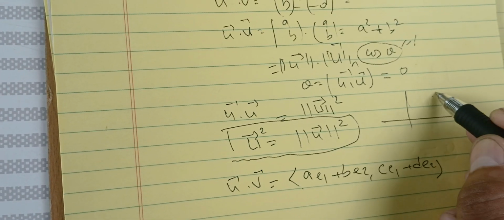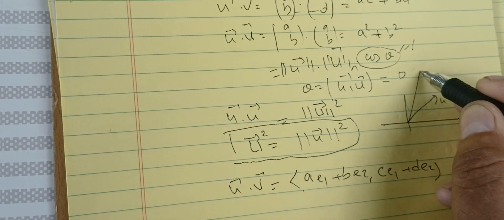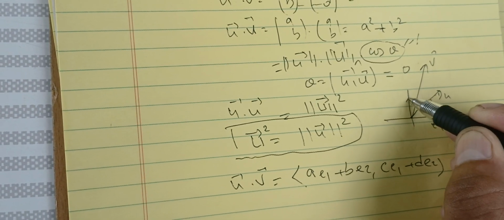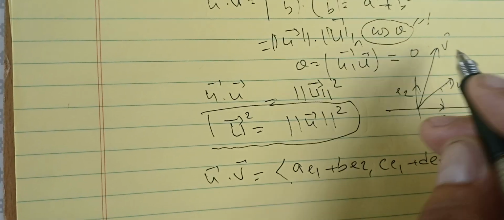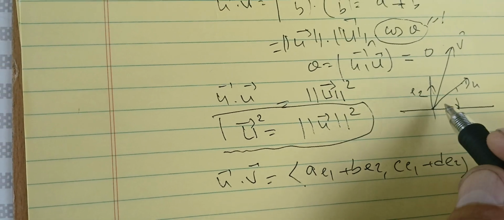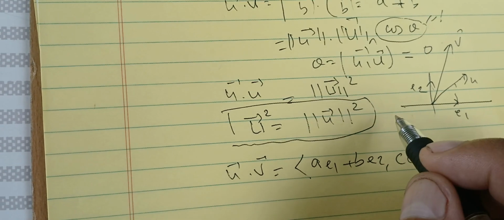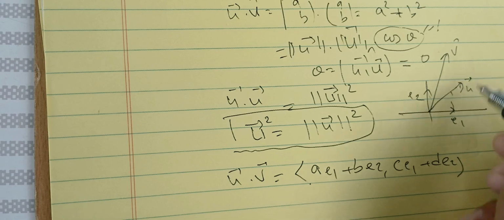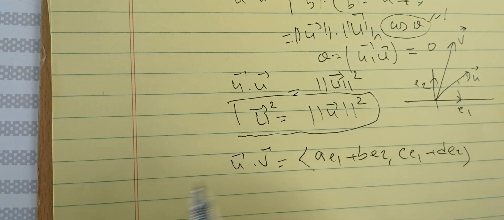Let's say this is my u, this is my v, and this is my coordinate system. u and v are written in this coordinate system in the following manner.